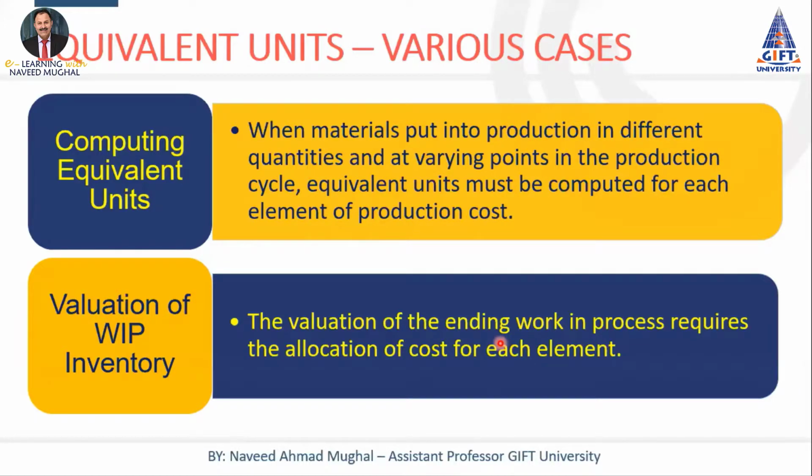In the weighted average cost method, we would require a work in process inventory cost of each element. And when we have various stages of completion for each element, we will definitely have calculation of equivalent units for each cost element separately: equivalent units of material separately, equivalent units of labor separately, equivalent units of factory overhead separately.